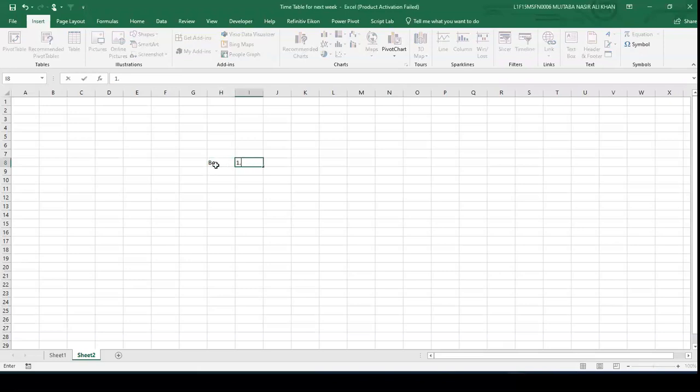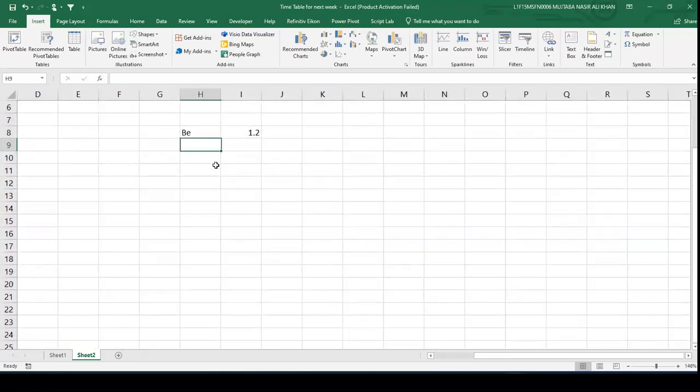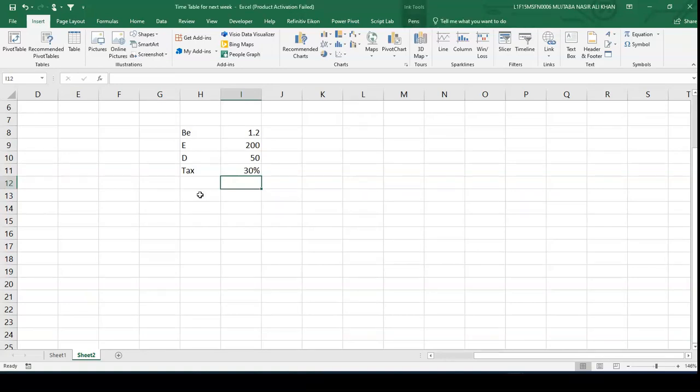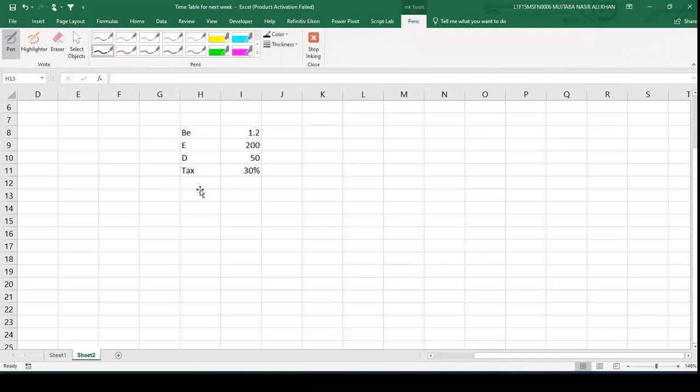Beta equity is, for example, 1.2. Market value of equity is, for example, 200 million. Market value of debt is, for example, 50 million. Tax is, say, 30%. So the formula is beta asset is equal to beta equity into equity divided by equity plus debt into 1 minus T. So how to solve that?